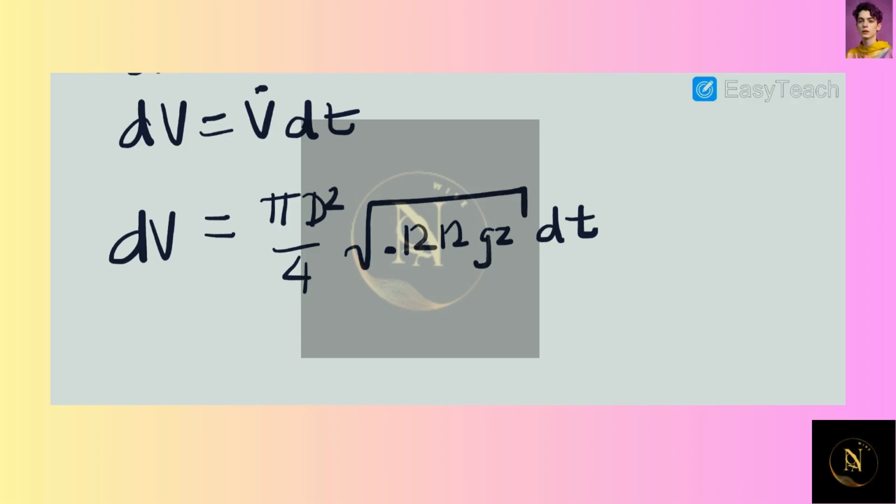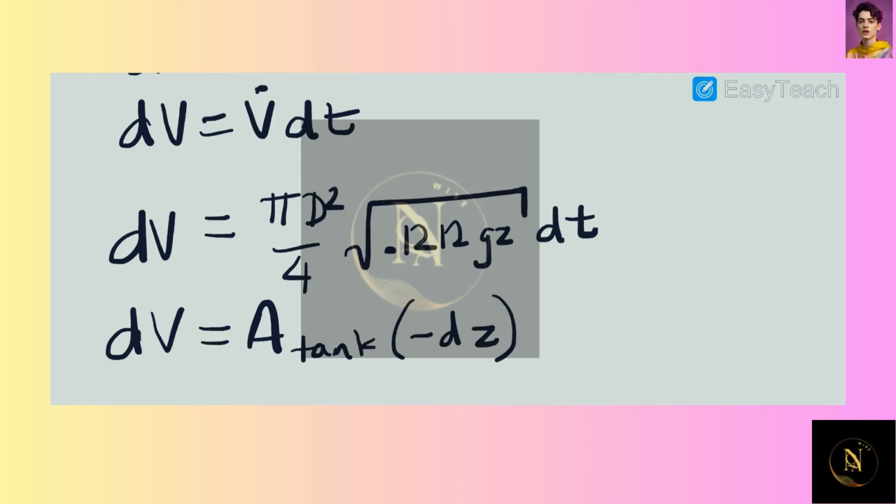Now, from conservation of mass, this differential volume has to equal the decrease in the volume of the tank at that time. So dV is also equal to the area of the tank times the differential height, which is minus dz, equal to minus pi d0 squared over 4 dz.